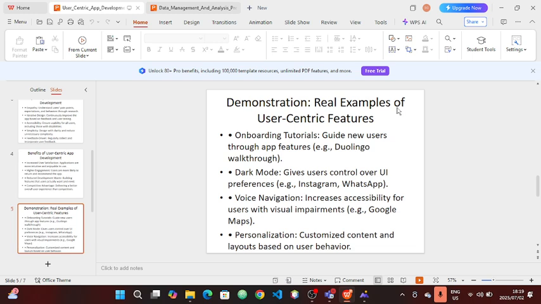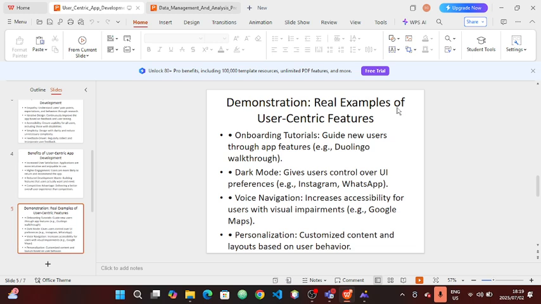For example, if you go to my WhatsApp or any social media, I'm using dark mode because when I'm using my phone at night, the brightness of the phone is going to hurt my eyes. I don't want that, since I'm also a person that uses glasses.